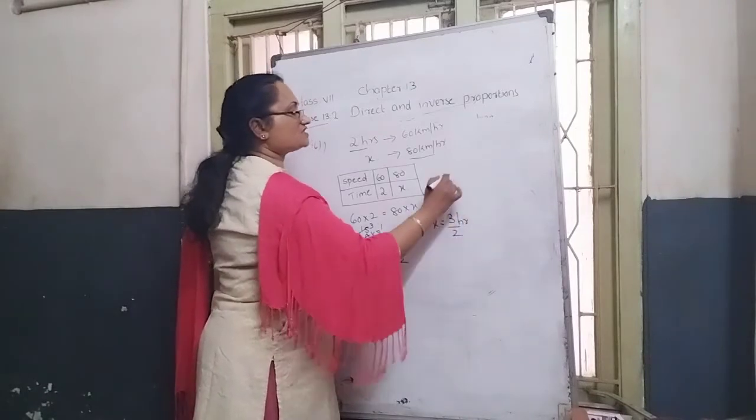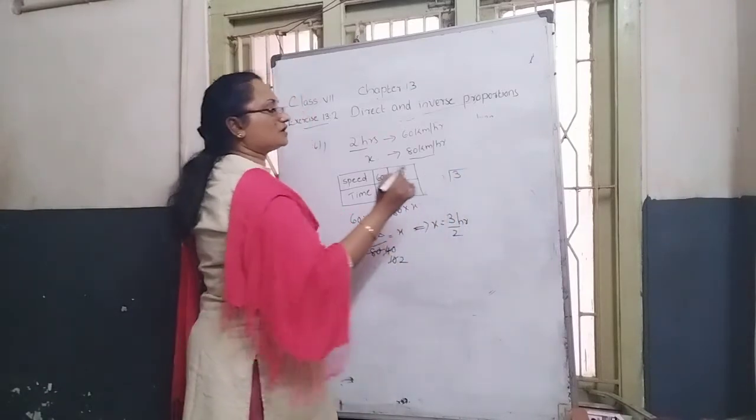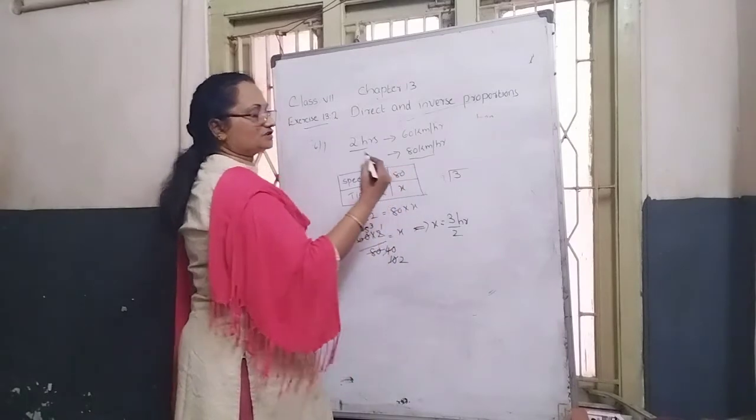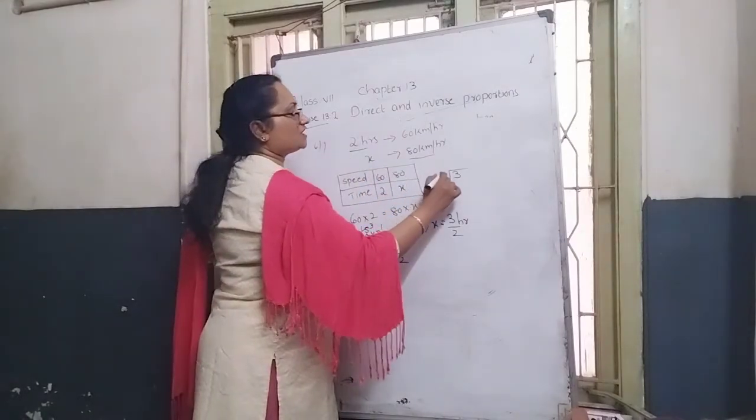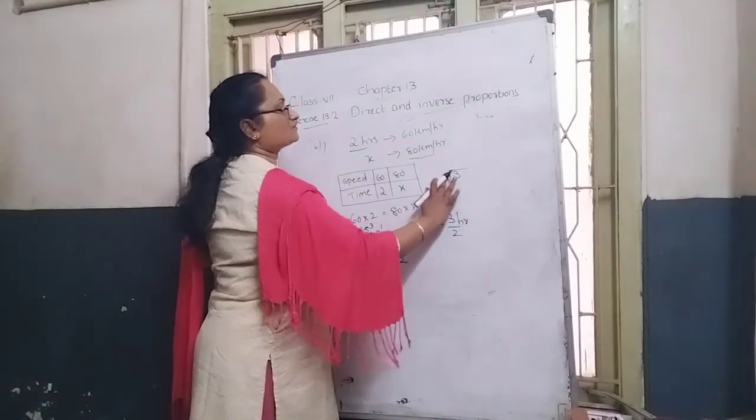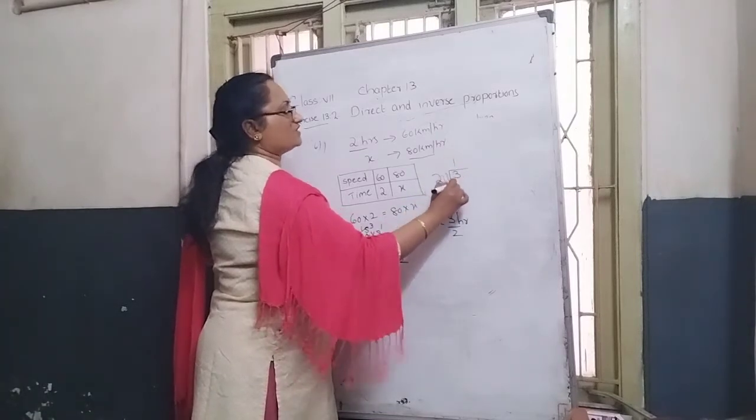3 by 2 hours means how much? How do we identify how many hours it will be? 3 is divided by 2: 2 table 3, one time.